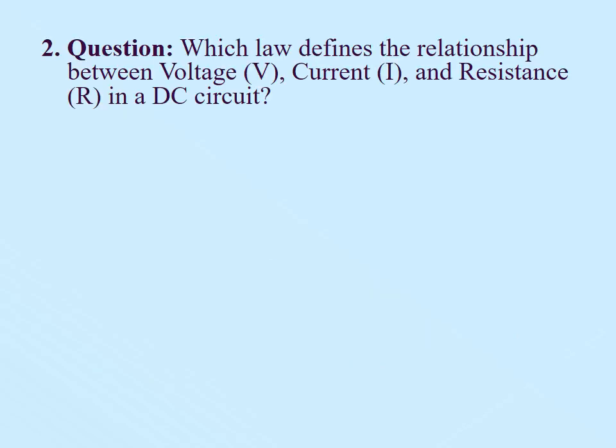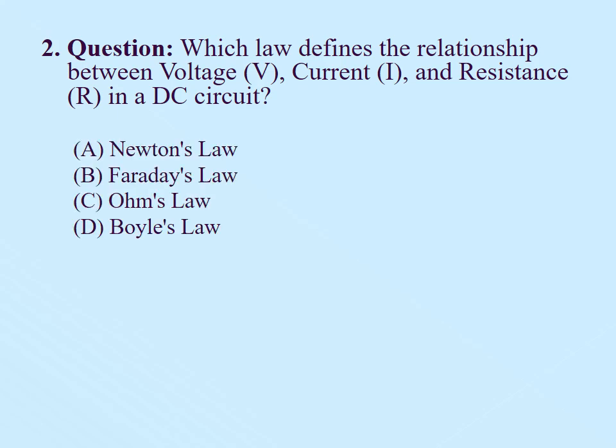Question number 2. Which law defines the relationship between voltage, current, and resistance in a DC circuit? Option A. Newton's law. Option B. Faraday's law. Option C. Ohm's law. Option D. Boyle's law.